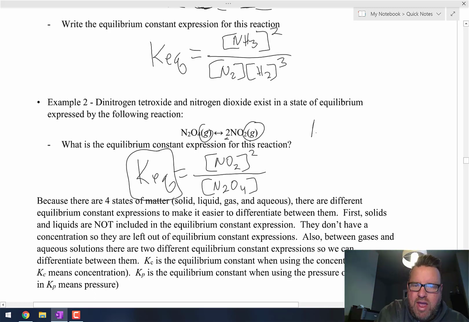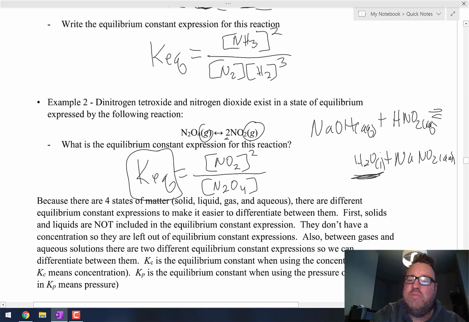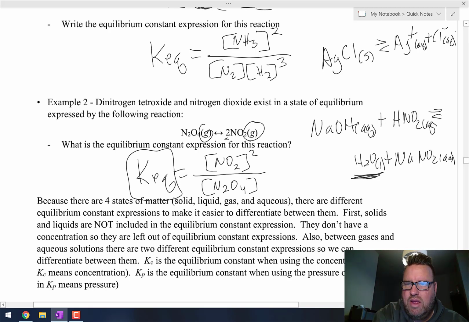I mean, you might have NaOH aqueous and HNO2 aqueous, and that's going to create an equilibrium system with NaNO2 aqueous plus H2O liquid. And sometimes there's even solids in these. You might have AgCl solid in equilibrium with Ag plus aqueous and Cl minus aqueous.